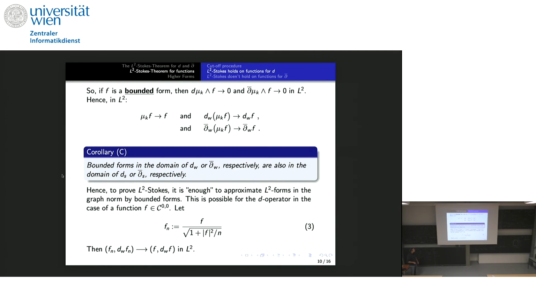So this is bounded, yeah. And you can compute that these Fn converge in the graph norm to F the weak F. So this is an easy computation. You just at some point there appears the d of this here, but then you use that the df is in L2, and it works well.